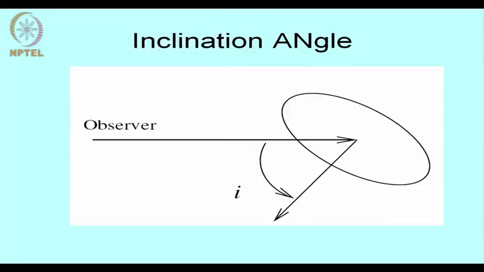The plane of the orbit is like this, the star is going around in this plane and you are seeing it edge on, that corresponds to 90 degrees. So, let me repeat, an inclination angle of 0, the orbit is being viewed face on, inclination angle of 90, the orbit is being viewed edge on, and other angles lie in between these two extreme cases.